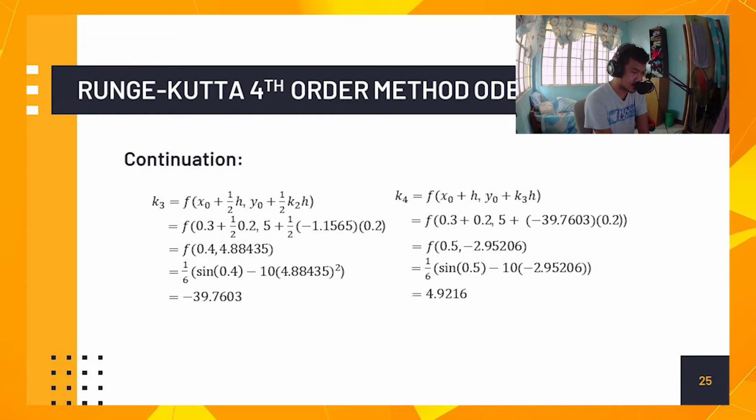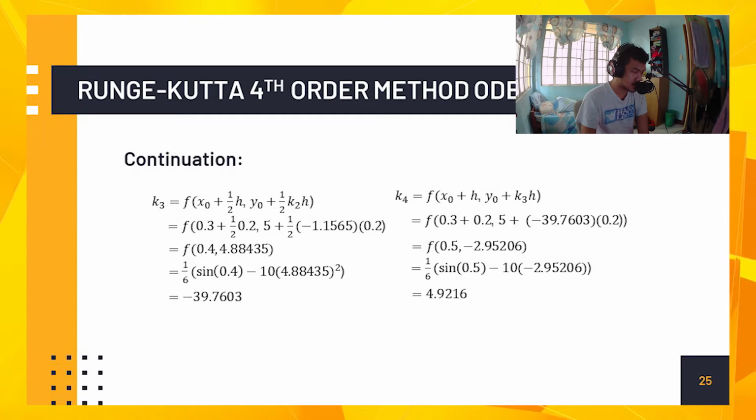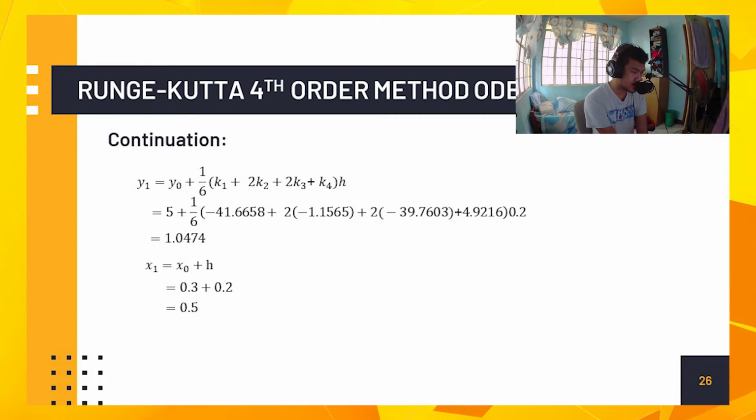That will give f of 0.5 comma negative 2.95206. Solving it, we will have the equation of 1 over 6 times sine 0.5 minus 10 times negative 2.95206. That will give an answer of 4.9216.